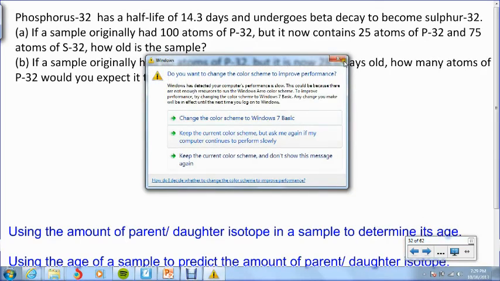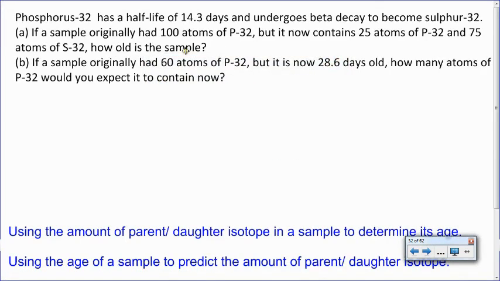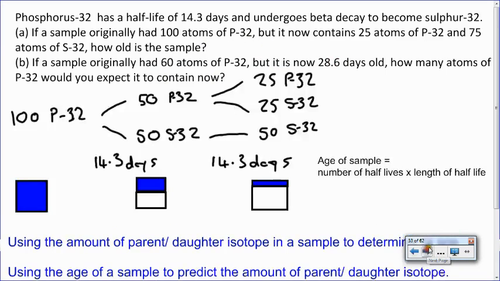This is a very similar question. I'll let you read that. So it tells us the sample has 100 atoms of P32, so presume that this is 100% phosphorus 32, but now it contains 25 atoms.